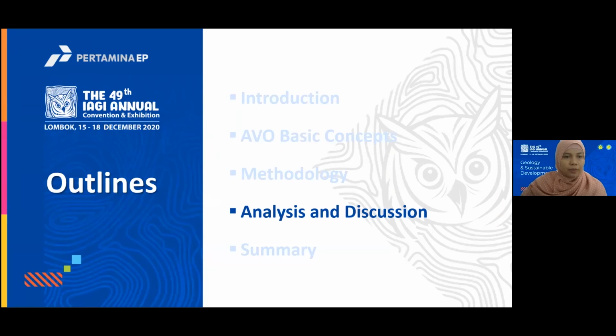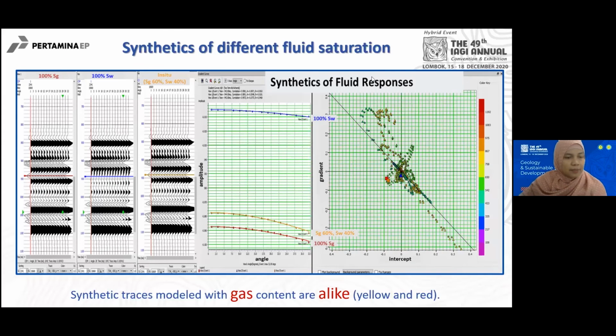Okay, we'll proceed to the analysis. In the analysis, before we conducted AVO analysis into our seismic data, the first thing we did was conduct a feasibility study, where here we have modeled traces with different fluid content in the reservoir.